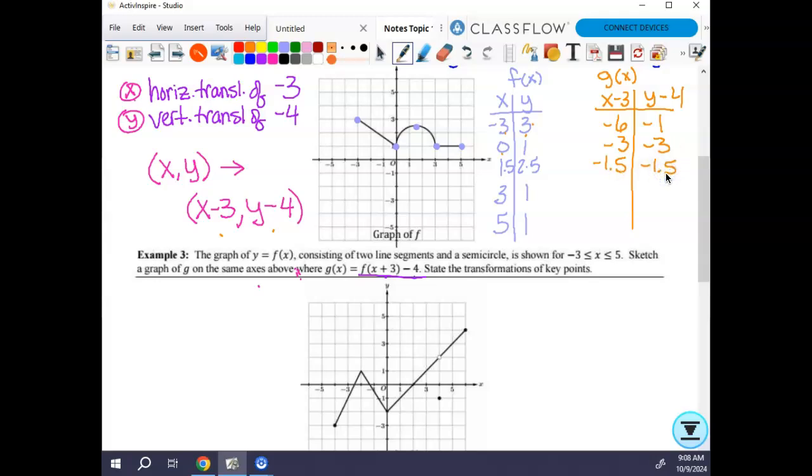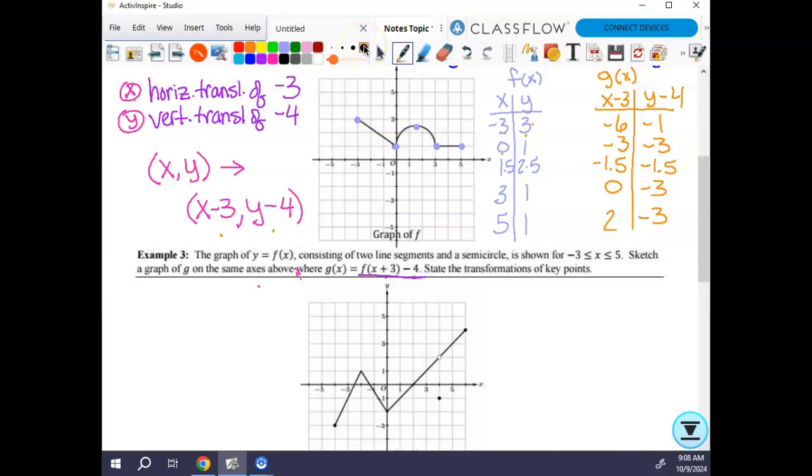Everybody understand what I'm doing and where this is coming from? Okay. 3 minus 3 is 0. 1 minus 4, negative 3. 5 minus 3, 2. 1 minus 4, negative 3. So then I'm going to come over here, and I'm going to plot my new points.